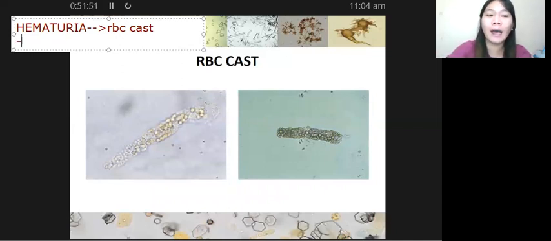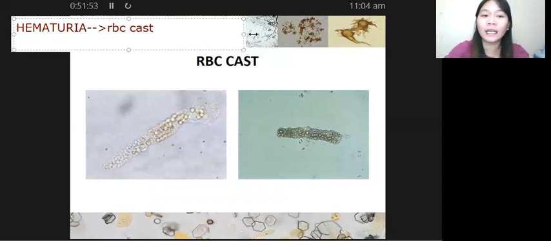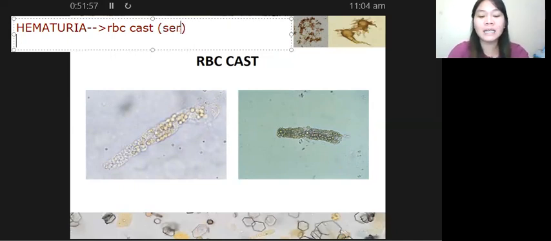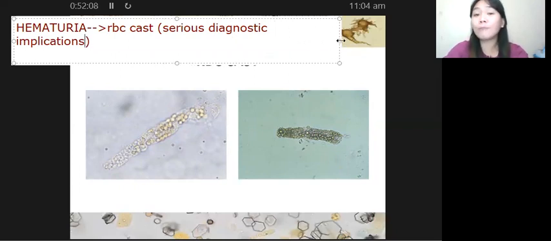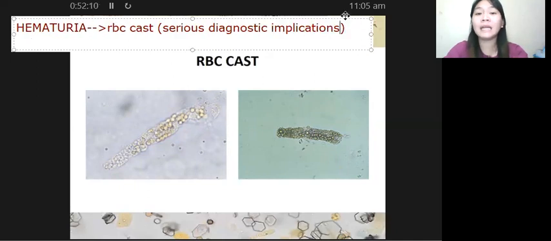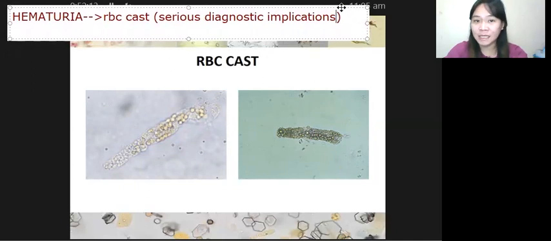Ulitin ko ha. Pag meron kang nakitang Rbc cast sa urine natin, this indicates serious diagnostic implications. And so, hindi po tayo basta-basta na nagre-report ng Rbc cast.